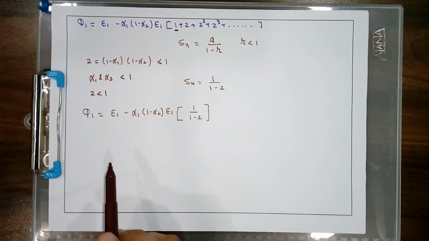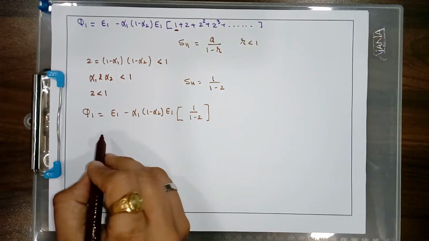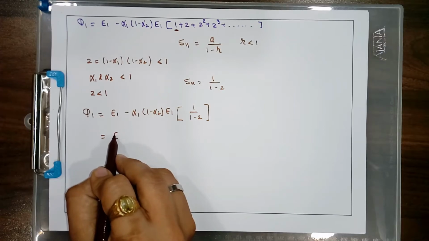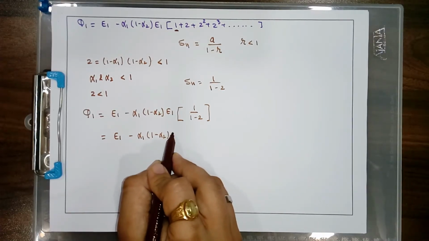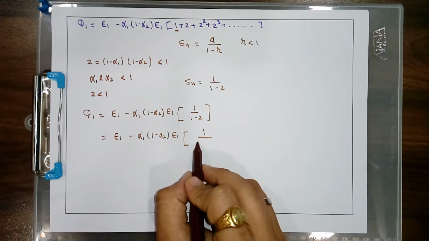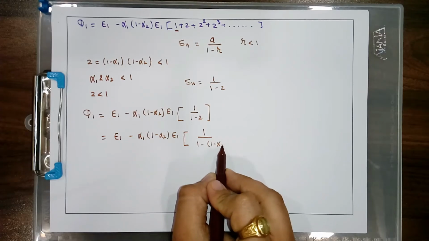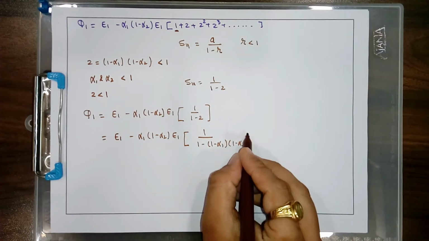And we know that z has a value of (1 minus alpha 1)(1 minus alpha 2). So let me put it down: E1 minus alpha 1 (1 minus alpha 2) E1 in the bracket, 1 upon 1 minus, in the bracket, (1 minus alpha 1)(1 minus alpha 2).